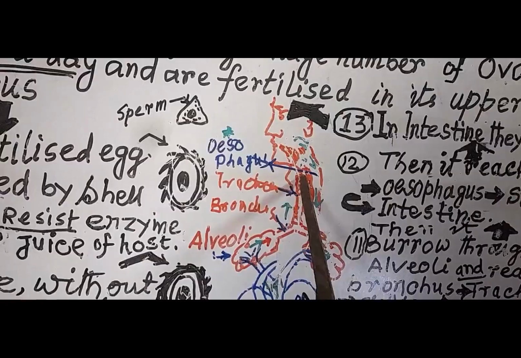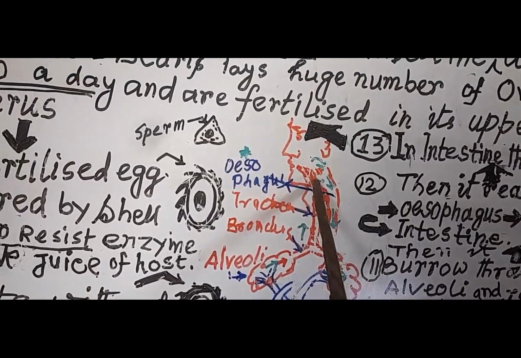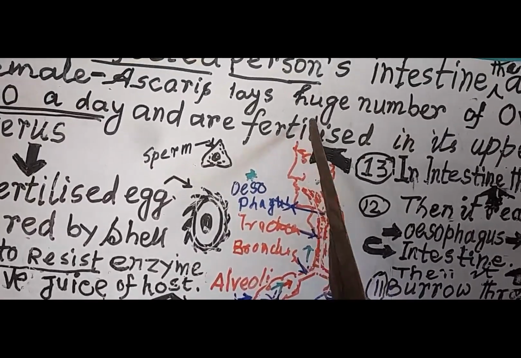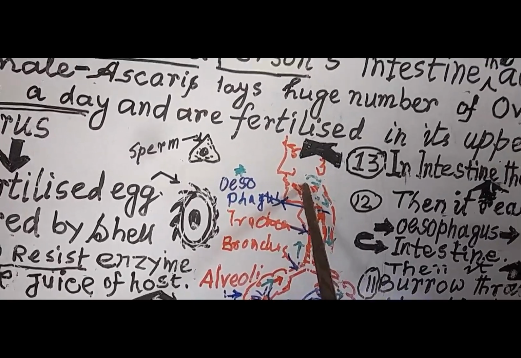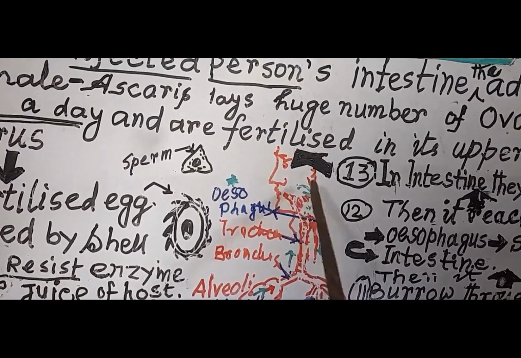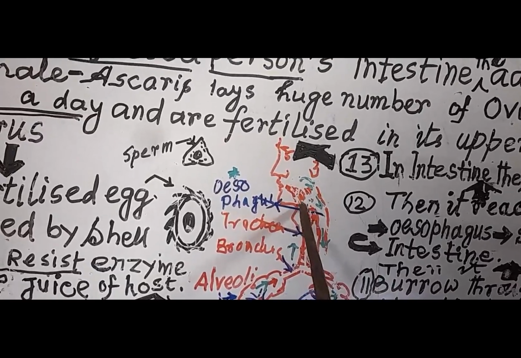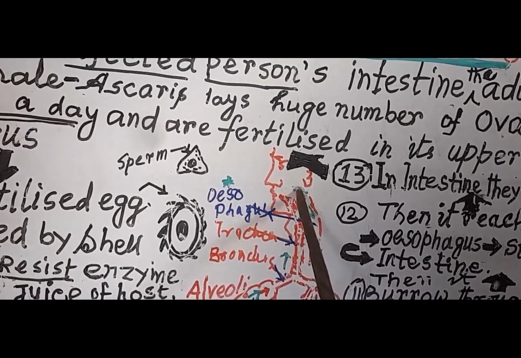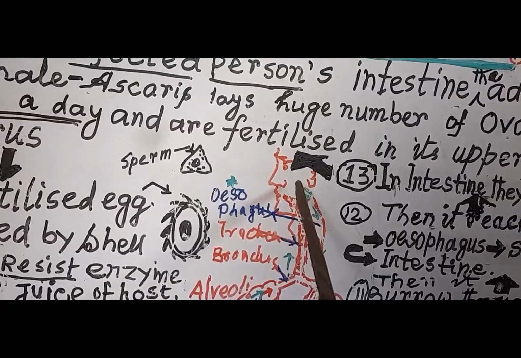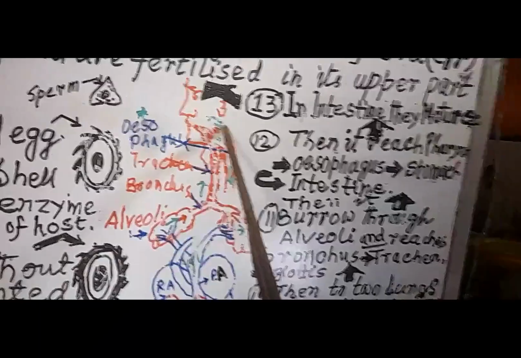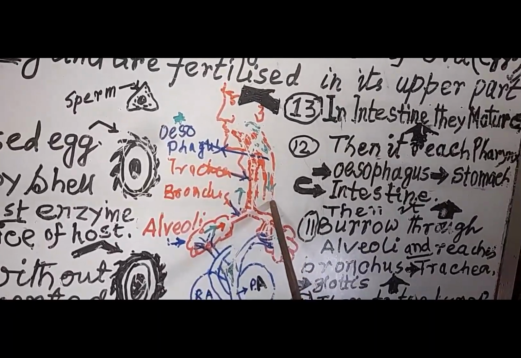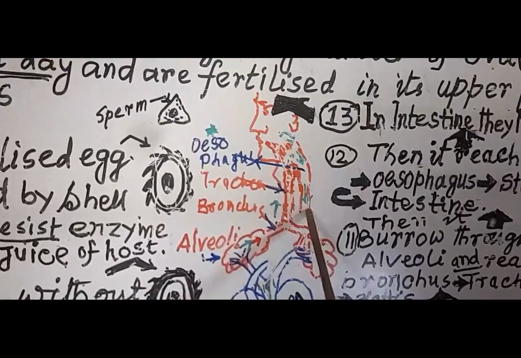That glottis opens in the pharynx. This is the mouth of the second person. And there it enters into the buccal cavity. Then from there it again enters the intestine through the esophagus.